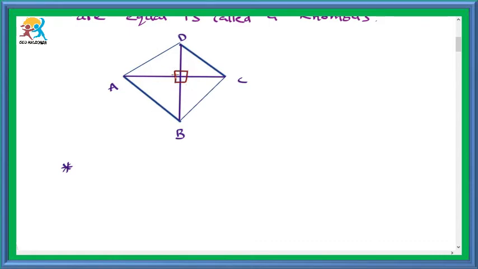Just observe. These two diagonals are intersecting at O. Now, 4 triangles have been formed. Each triangle is called a right triangle. So, let us write the properties of a rhombus. All sides are equal.